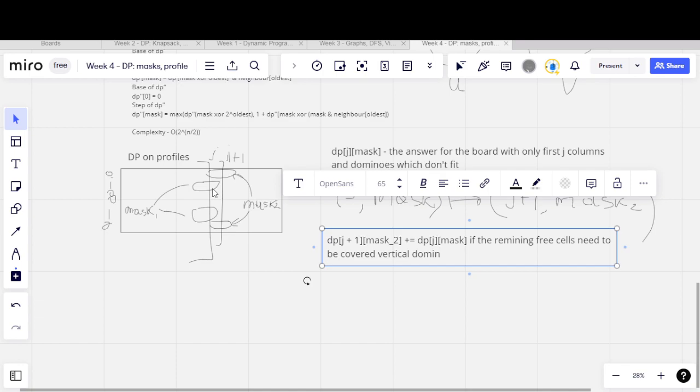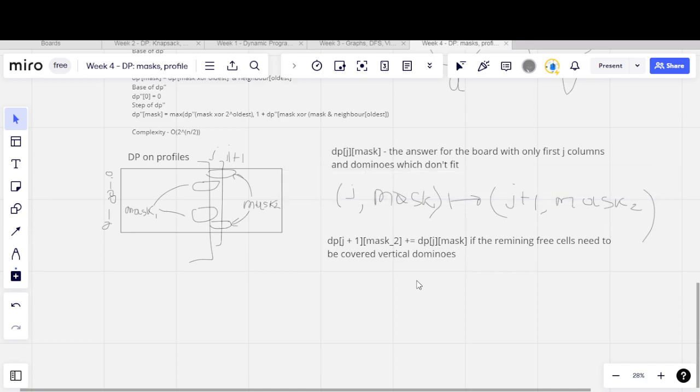If the distance between two neighbor dominus isn't even, that means we have to put a correct vertical dominus. And we consider this as only one step.